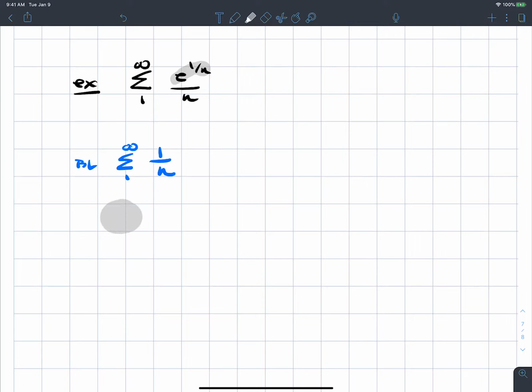I could even use something like this. I can say 1 over, I can use an n squared. I can compare it to any positive term or any positive series that has positive terms, because that's what the theorem says. It doesn't say anything specific about these. So, just to kind of remark about that, just to let you guys know. But anyway, we're going to compare it.